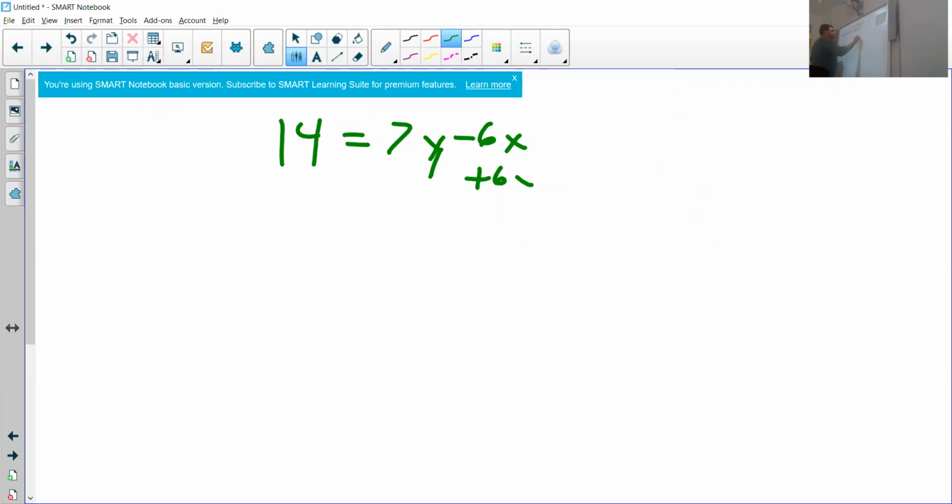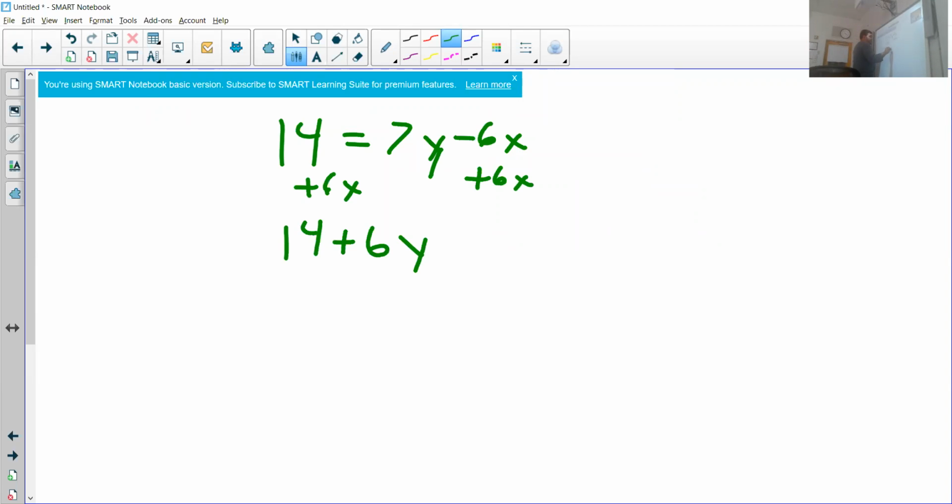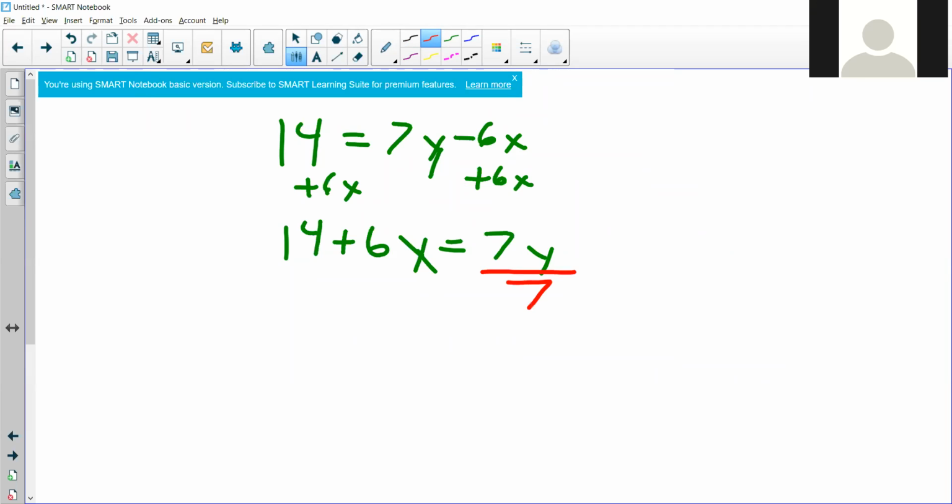We're gonna do the opposite, plus 6x on both sides. So what I get there is 14 plus 6x equals 7y. Once again, I have 7 times y. I don't want 7 times y, I just want y by itself. So I'm going to divide both sides by 7.